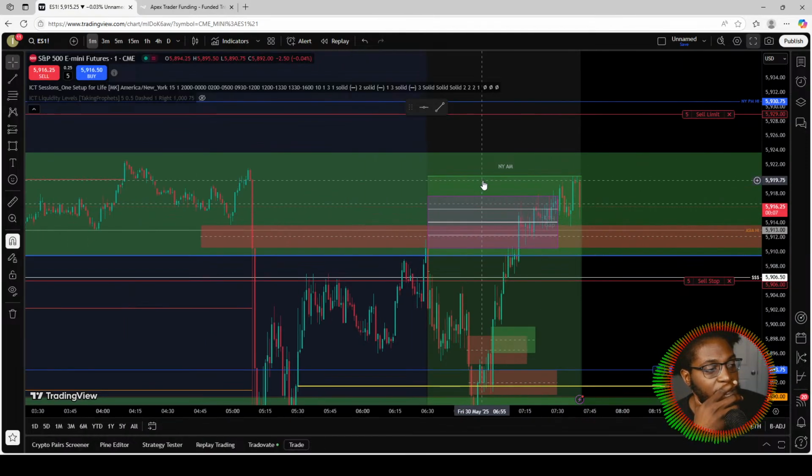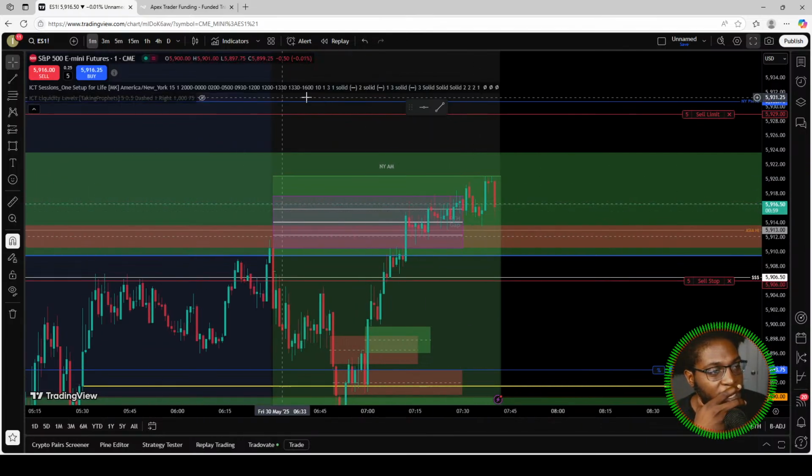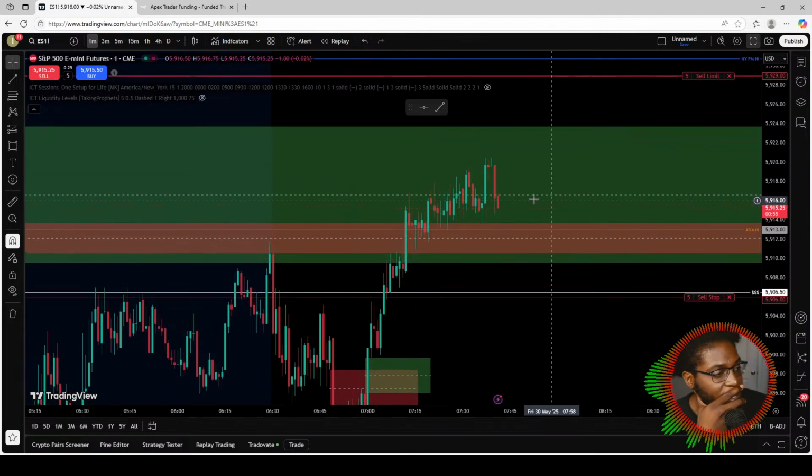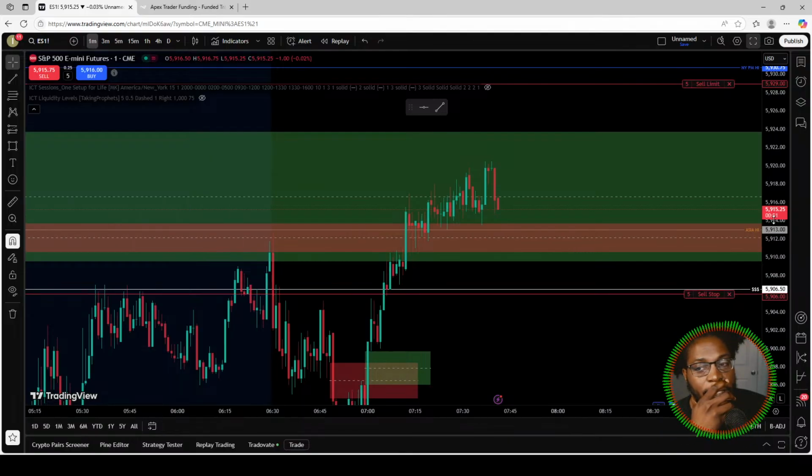Failing out in this. Hate strong candles like that. We inverted. Boom. This bad boy probably about to come down fast.